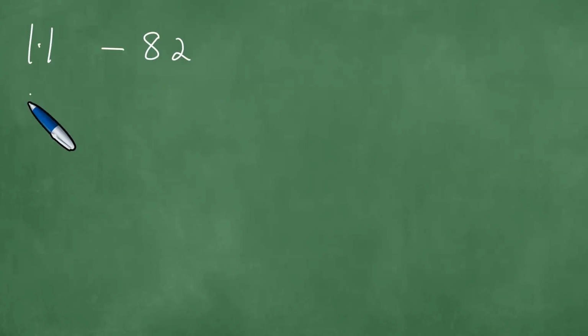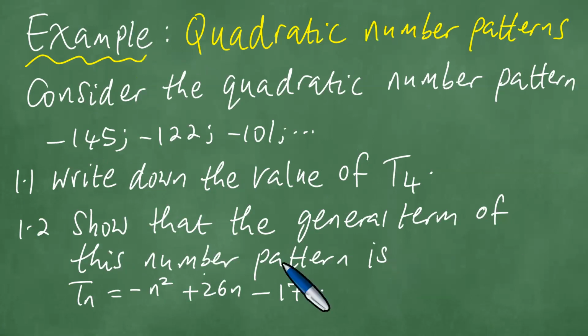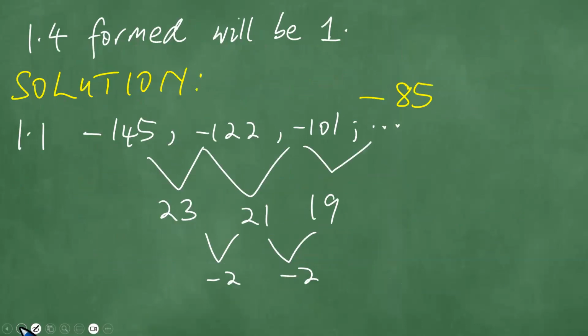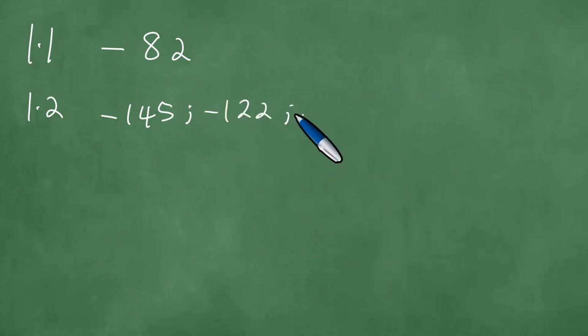Then we look at the next question, 1.2: show that the general term of this number pattern is this. So we have minus 145, minus 122, minus 101.